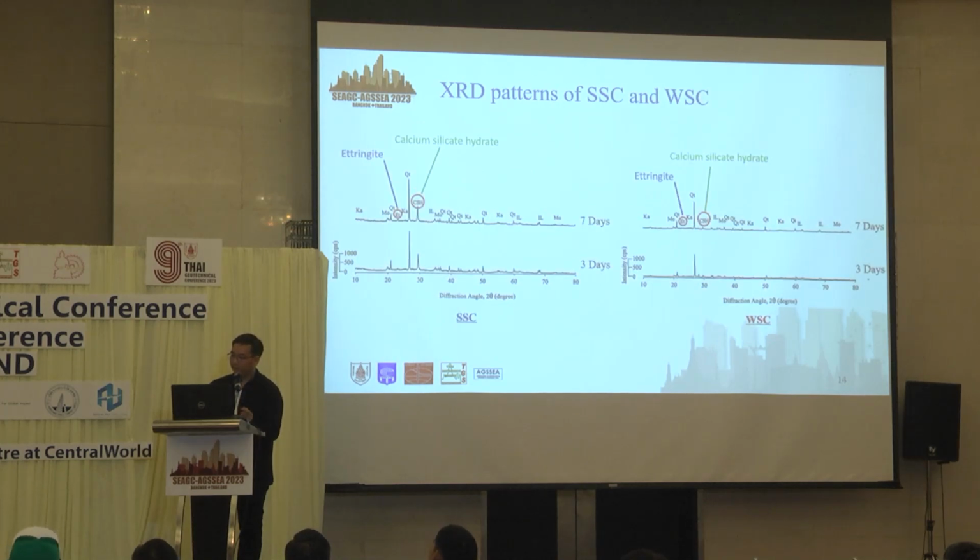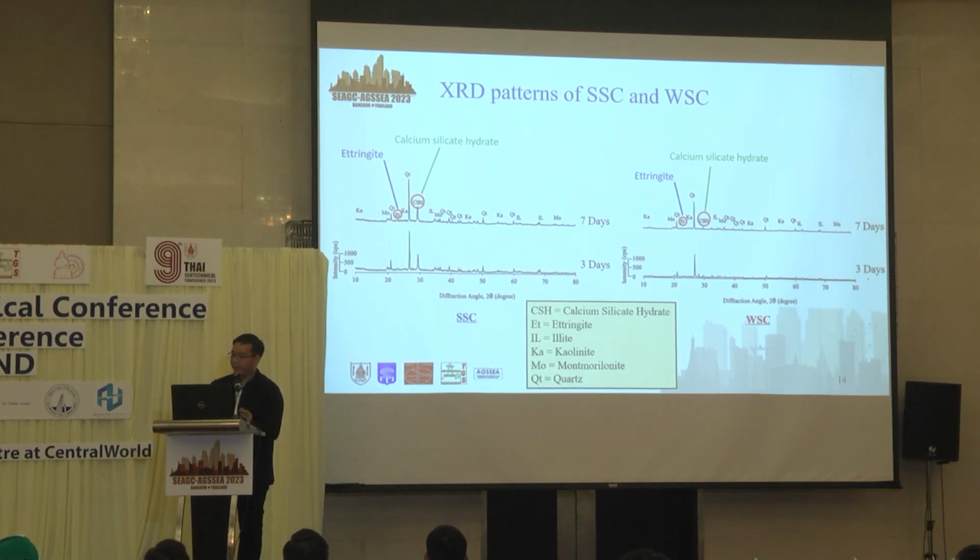After the stabilization process, reaction products such as calcium silicate hydrate, or CSH, and ettringite were found in both samples. Additionally, the amount of reaction products in SSC and WSC increased from 3 to 7 days of curing, and this trend was consistent with the result of UCS testing.